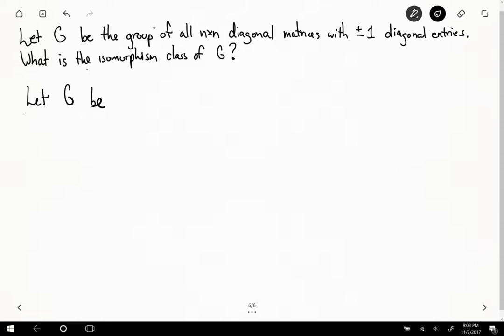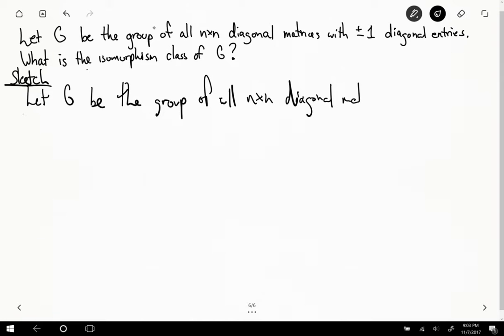And we'll sketch this out. Let G be the group of all n by n diagonal matrices with plus or minus 1 diagonal entries.